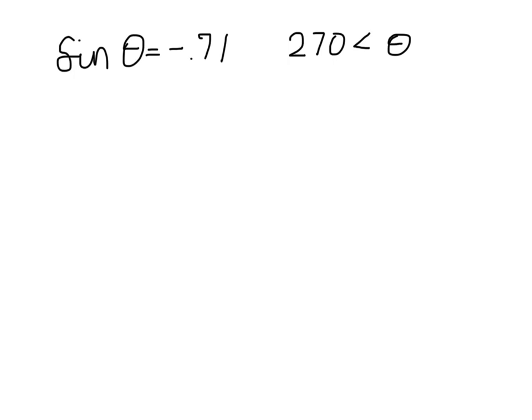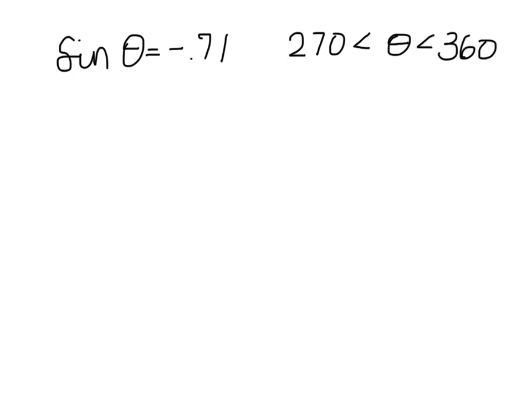So what does an example of something like this look like? Find theta where sine of theta is negative 0.71, but I want to know for which angle between 270 and 360.